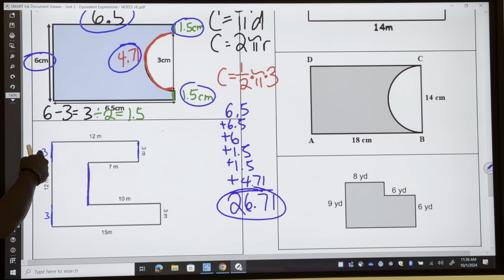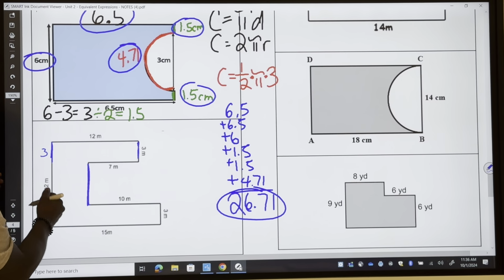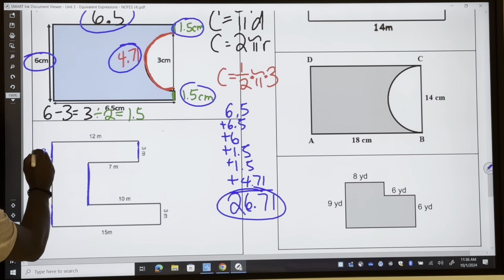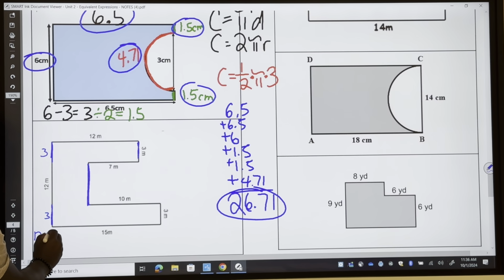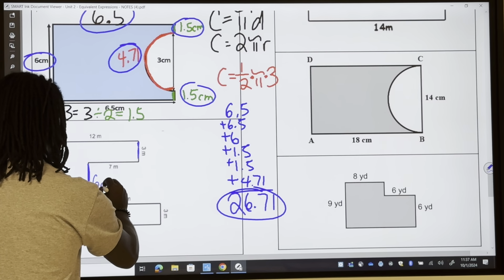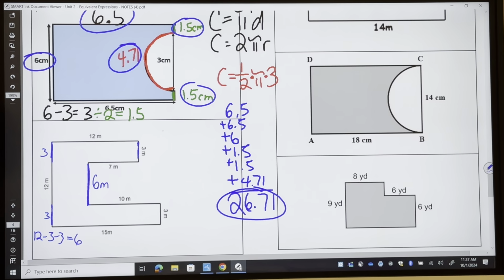So if this part is 3 and this part is 3, and the whole thing is 12, then to figure out this missing piece, I just have to subtract that. So I'm taking 12 minus 3. Then I'm going to subtract this piece too, minus 3. And that is going to give me what this piece is right there. So 12 minus 3 is 9. 9 minus 3 is going to give me 6. So that means this part right here is 6 meters.